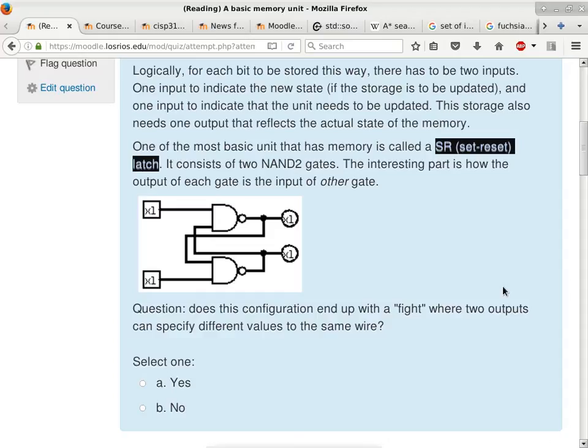There's only one configuration that can make A 0. I need X to be a 1, but I also need the other input to be a 1, which means B has to be a 1. Okay? So I have 3 things to look at here. I need X to be a 1. I need B also to be a 1.